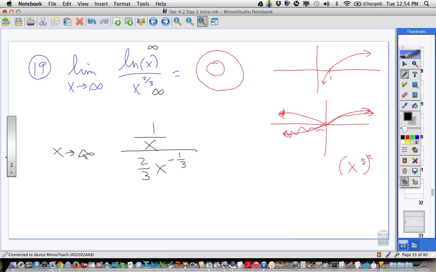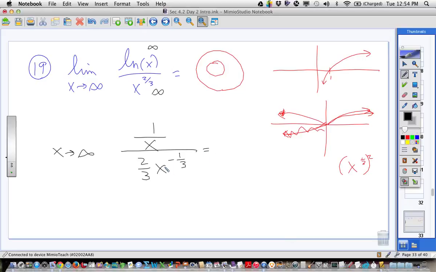Well, you could just plug in your infinity now. That would be 0 on top. So, well, see, here's the problem. I think we should simplify this with algebra first.